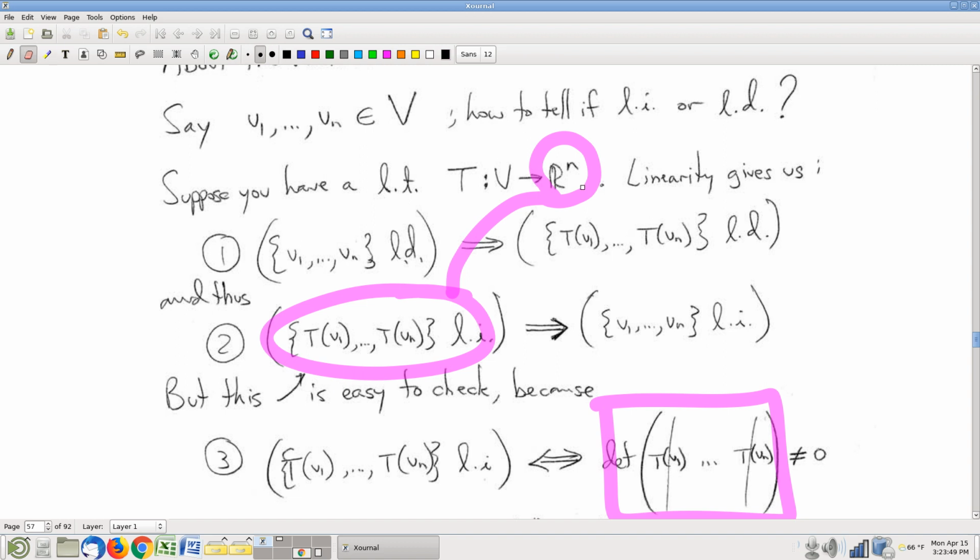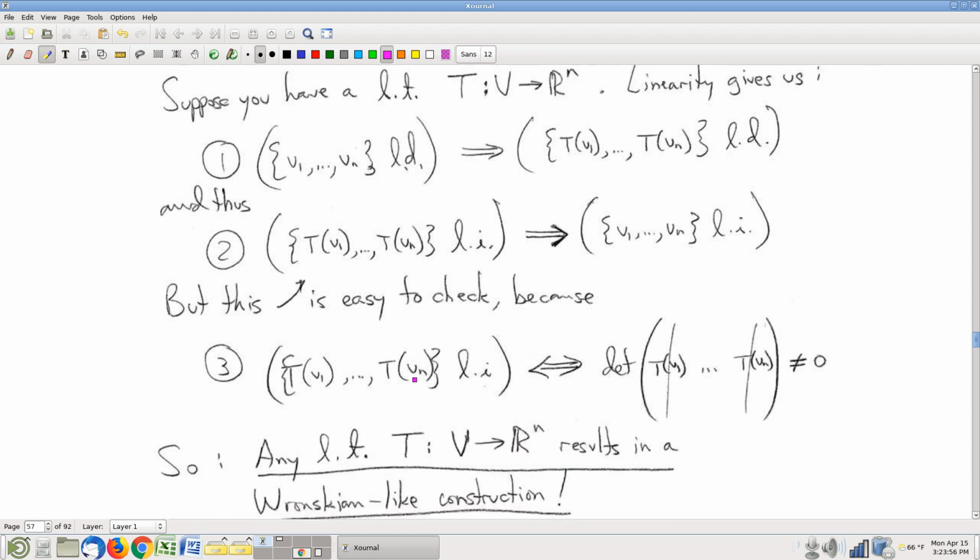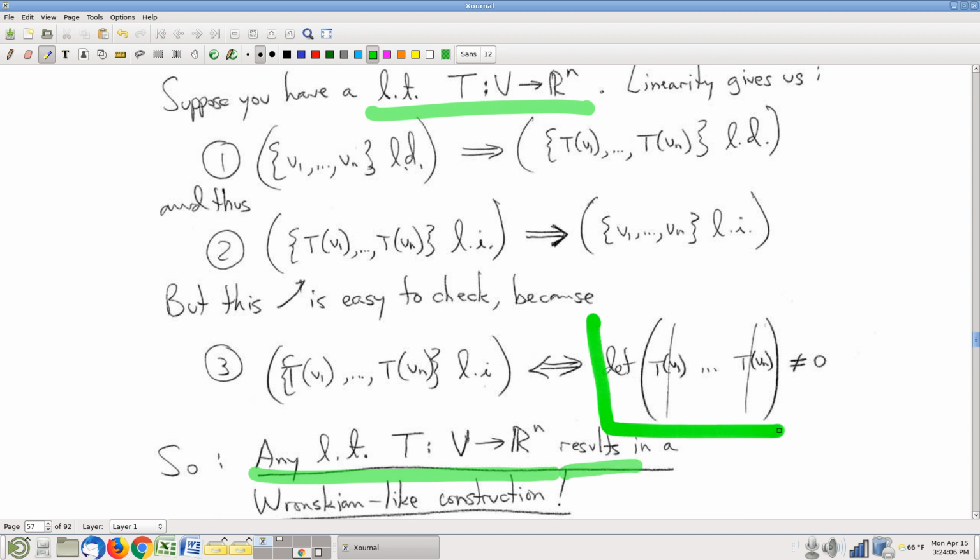So altogether, here's how we're going to proceed. Given any linear transformation into Rn, it results in this construction here. This is what I'm going to call a Wronskian-like construction.